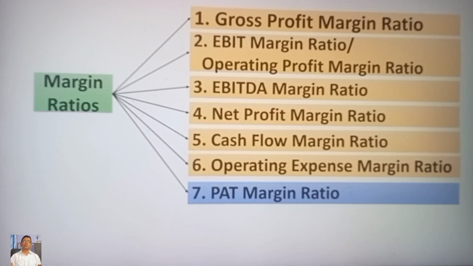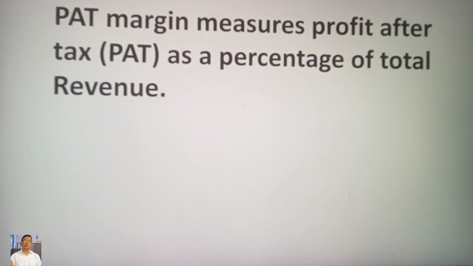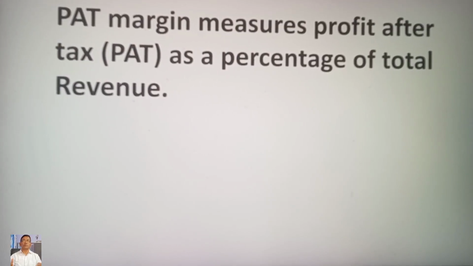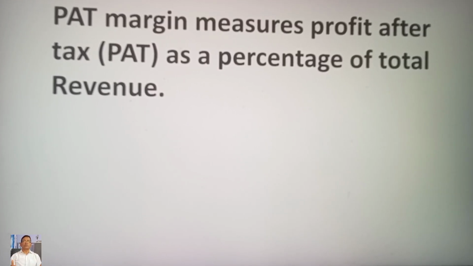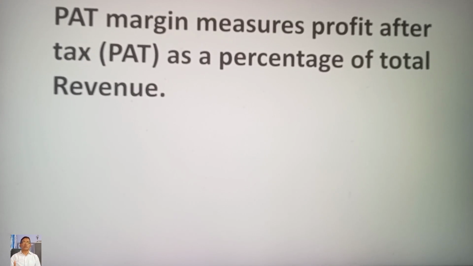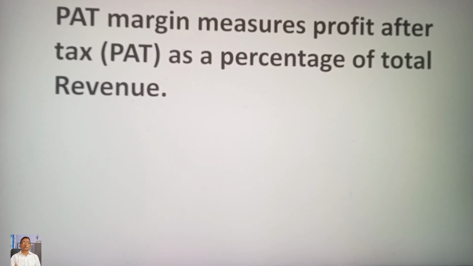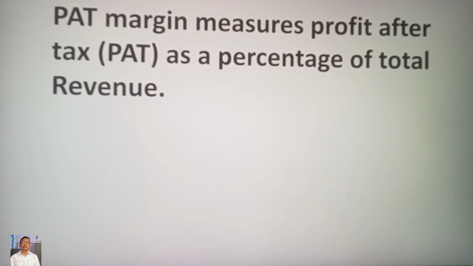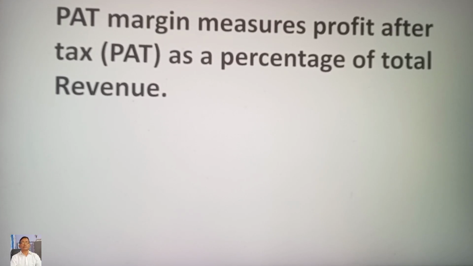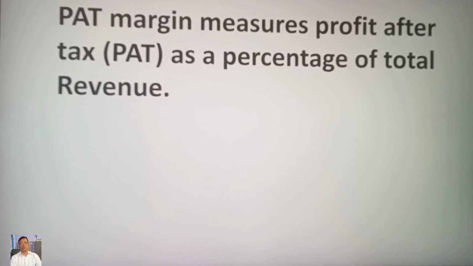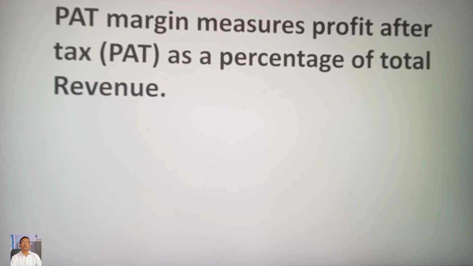Seventh, PAT margin ratio. PAT margin measures profit after tax, PAT, as a percentage of total revenue. It shows the after-tax profit per rupee of sales realized by a company after all operating and non-operating expenses. PAT margin ratio is calculated by dividing PAT by net revenue.